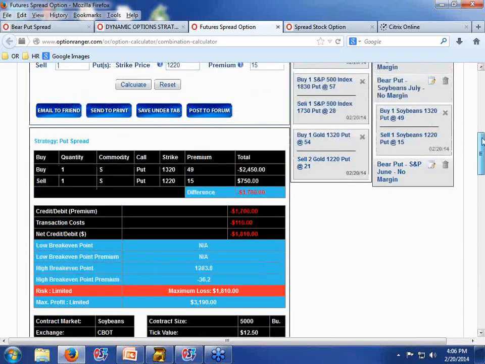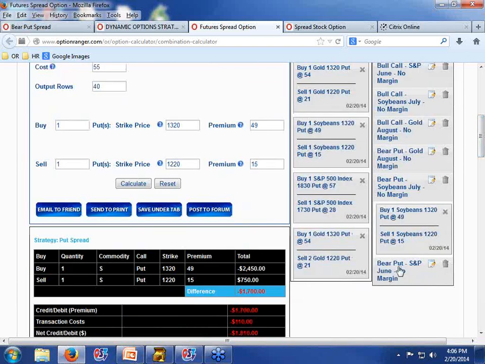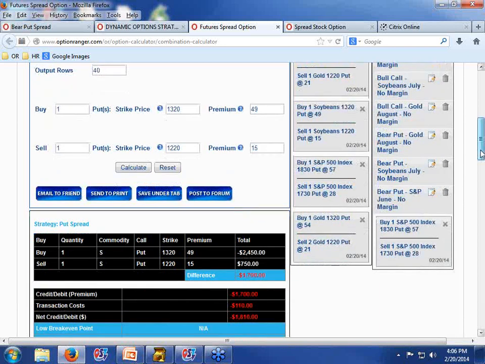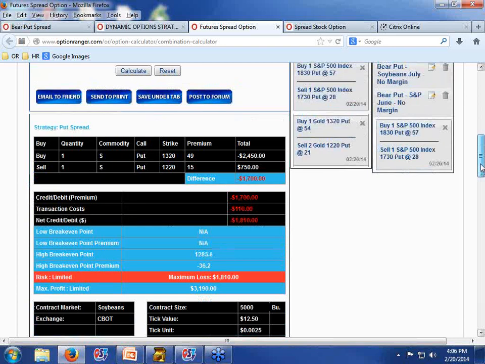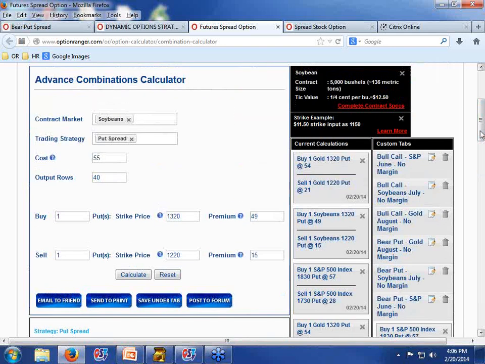So let's go ahead now and proceed with our final example of the afternoon. A lot of people are very intrigued by what's going on in the stock market. So we have actually put together, we also are indicating, a trade here on the S&P 500 index. This is a large contract, the S&P 500 index.